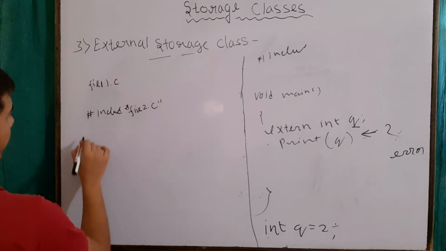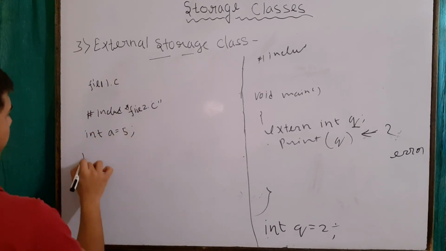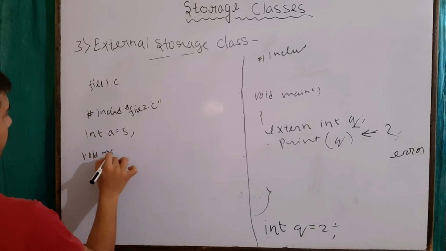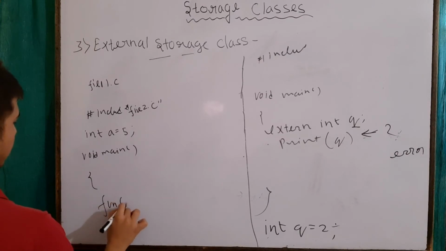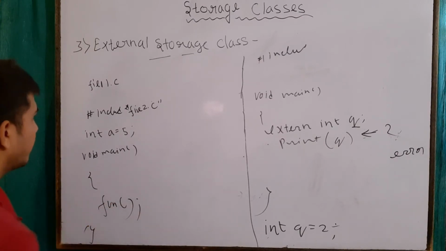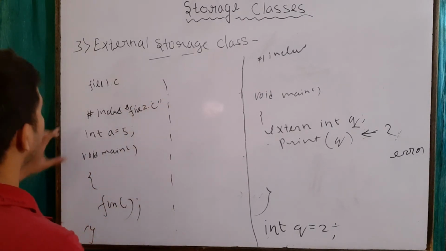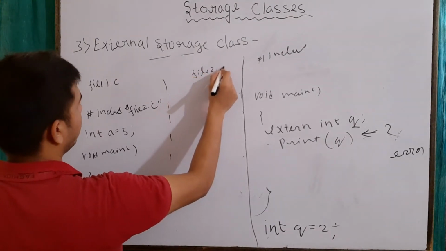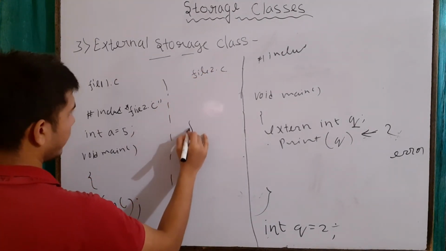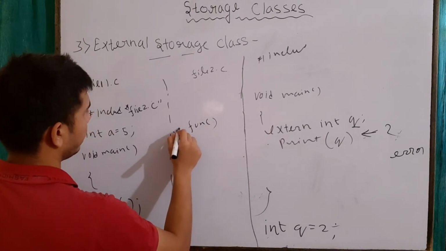And this one is file1.c, and I am defining here a variable a equals 5 and writing here void main and calling here fun. Okay, that's all. This is, let's say, file1.c. Now file2.c, something like void fun.